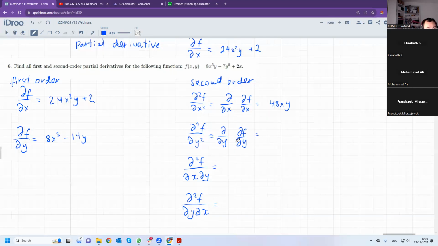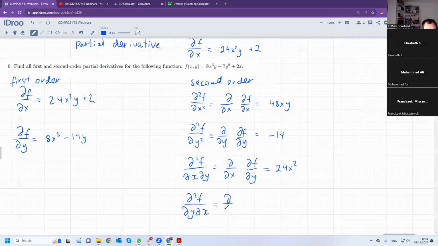And then d on dy, so that's the derivative of this. So that is 0 minus 14. So it's minus 14, the second derivative of that. Then it's going to be d on dx of df dy. So we derive df dy with respect to x. And it turns out that this is going to be 24x squared.